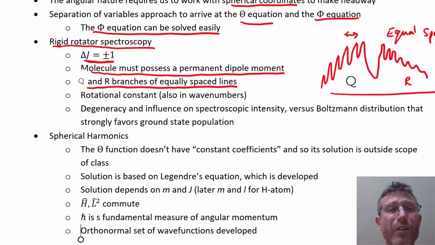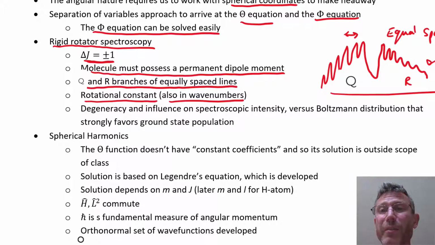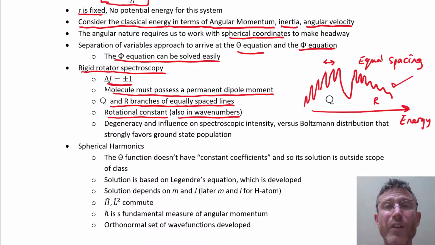So we've also got the rotational constant that's introduced. The whole idea of wave functions is brought in, and another way that we start to think about the spectroscopy. So this wasn't clear from earlier in the presentation. The spacing in here is equal, and the energy is on the x-axis. As I said, we introduced the rotational constant. That's in wave numbers, and I also said that there was an important piece here about degeneracy.